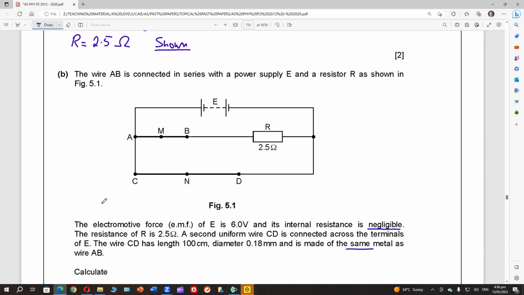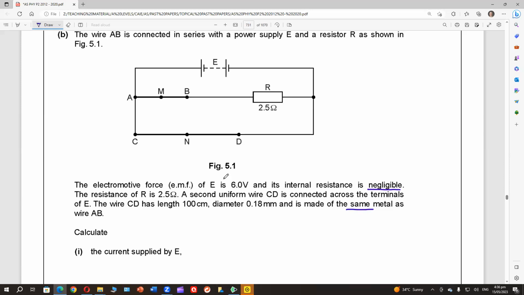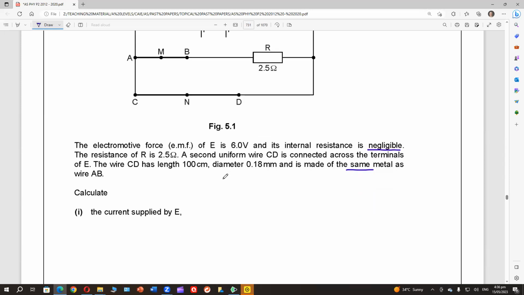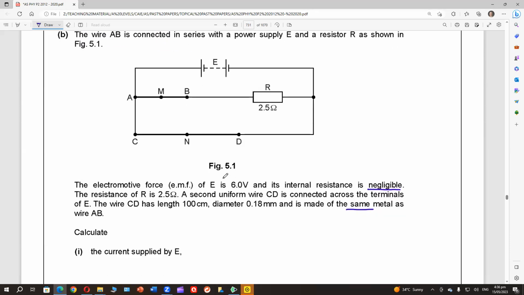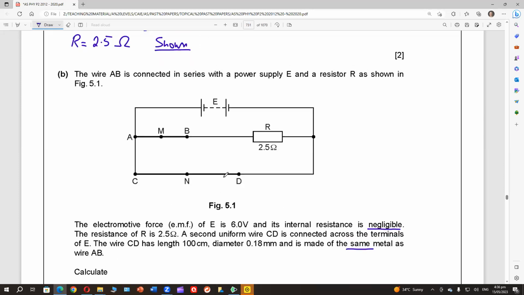It looks to be the same. The resistance it says is R of 2.5. Actually, we need the total resistance of the circuit.